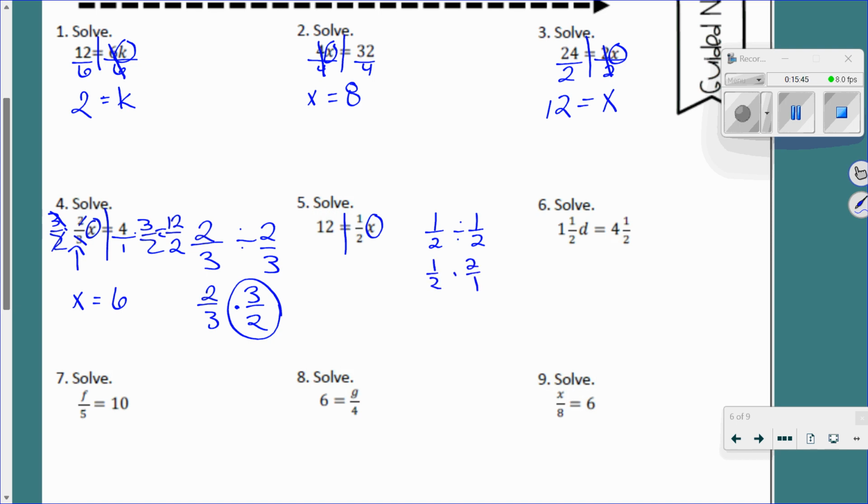Multiplying by the inverse, which is 2 over 1. So the 2's and the 1's cross each other out and leave just x. 2 times 12, 1 times 1. 24 over 1 equals 24. Any questions about that?